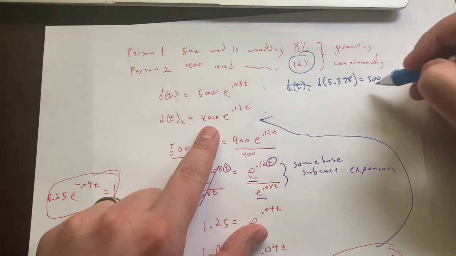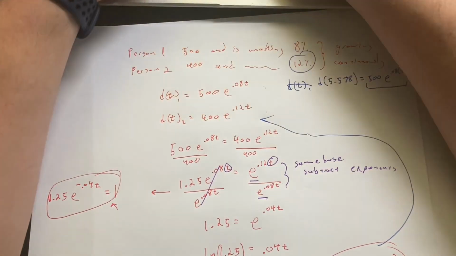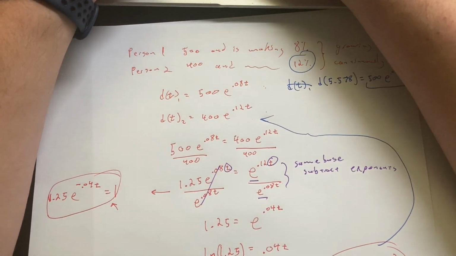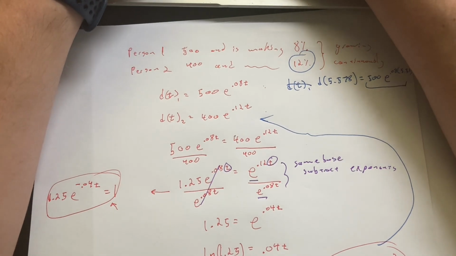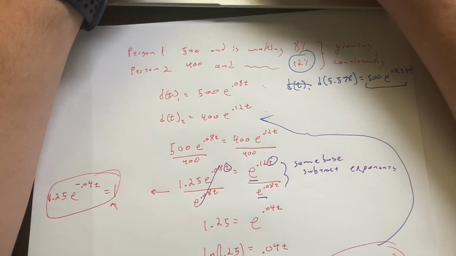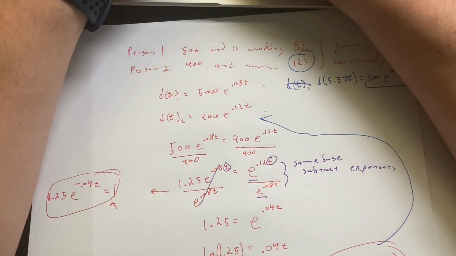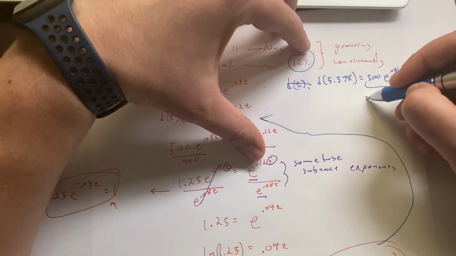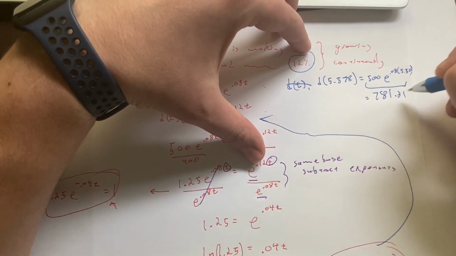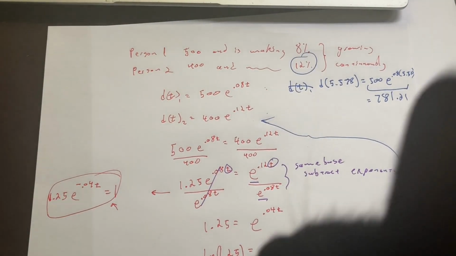And the answer is 781.21. Remember, we don't want to do more than 2 decimals with money.